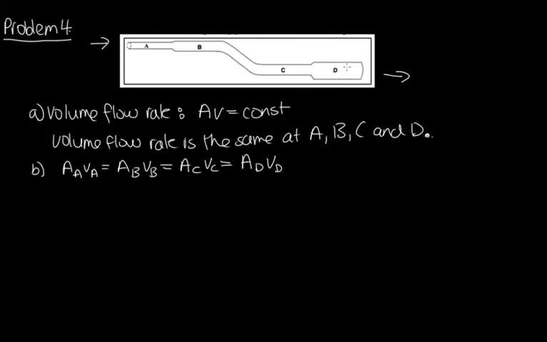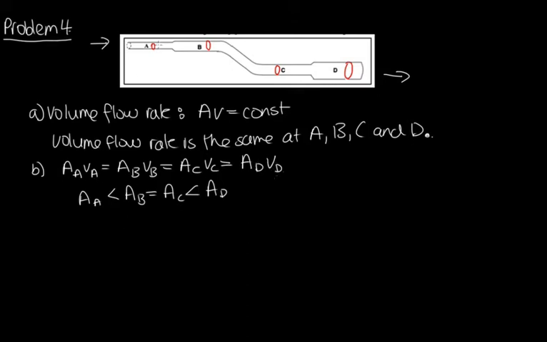And we can see that D has the biggest cross-sectional area. So cross-sectional areas are just the surface area of the pipe if we were looking from the end. The surface area at C and D is the same, and A is the smallest. So we know that the area at A is less than the area at B, which is equal to the area at C, which is less than the area at D. So if this one is largest, then the velocity at D needs to be smallest in order for all of these things to be equal.